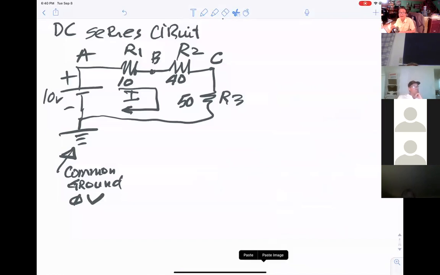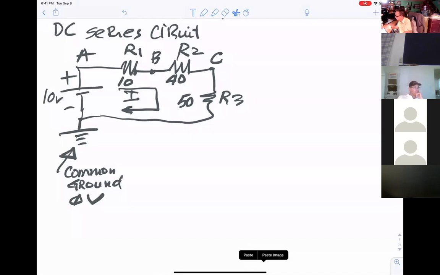That means they get the same current, so they are in series. That's the easy way to recognize it. If you see the current flowing through R1, R2, R3, that means only one current, so they are in a series connection.